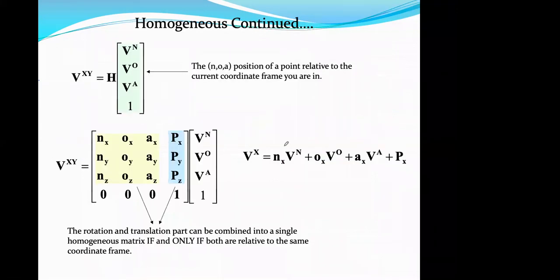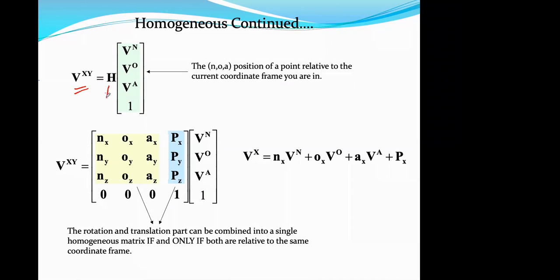Now the another aspect we are having, the position of a point relative to the current coordinate frame you are in. So this is the VXY. We are representing the position in XY frame. This is your H. What will be the H here? H will be the rotation matrix.